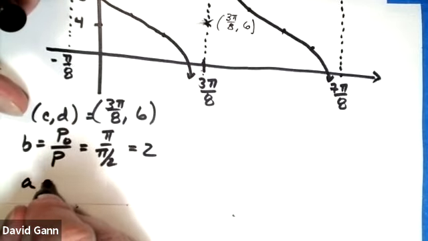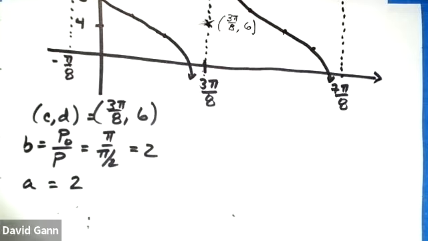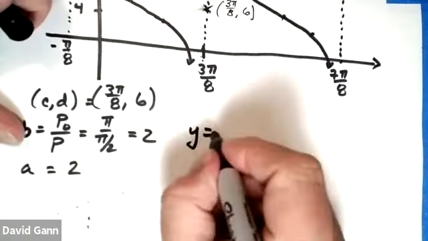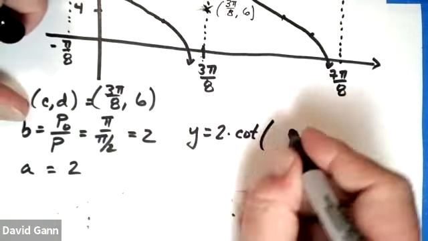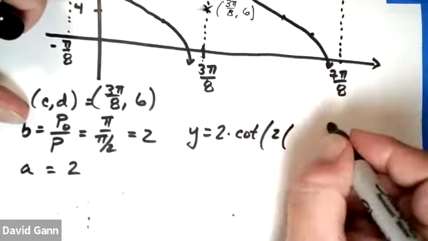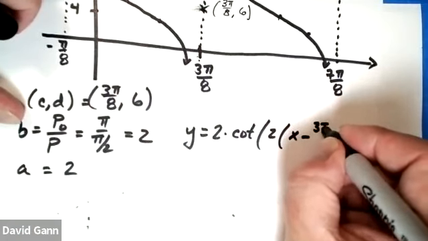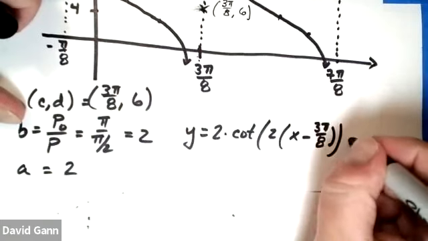And then A, simply by inspection, is 2. So now to put that all together, we have y equals the A value, 2, times cotangent of the B value, 2, times x minus the C value, 3 pi over 8, plus the D value, 6.